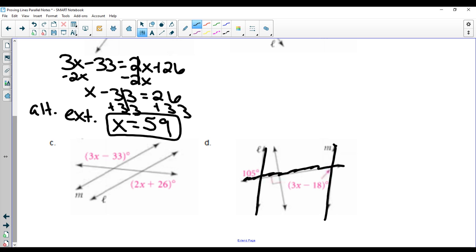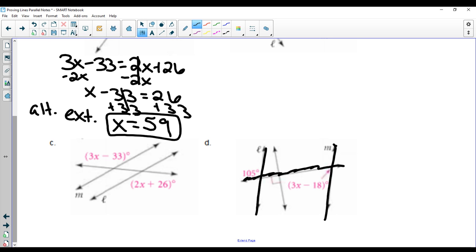So they're in different neighborhoods, but they're not in the same position, so we can't say they are corresponding. I'm thinking we're going to have to use something else to do this.